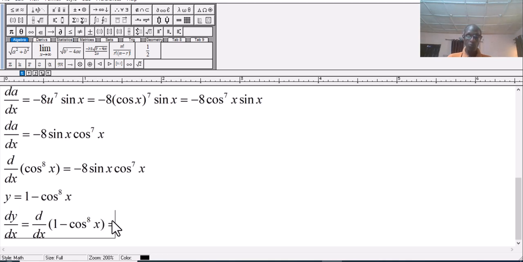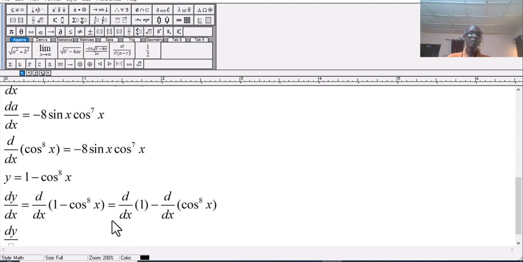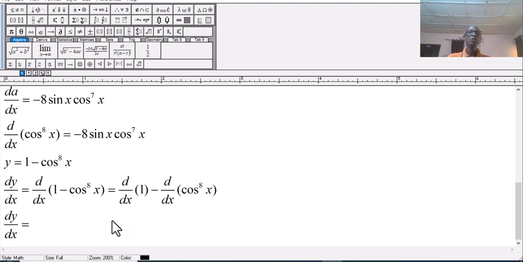Now you will have d by dx of 1 minus d by dx of cos to the power of 8 x.